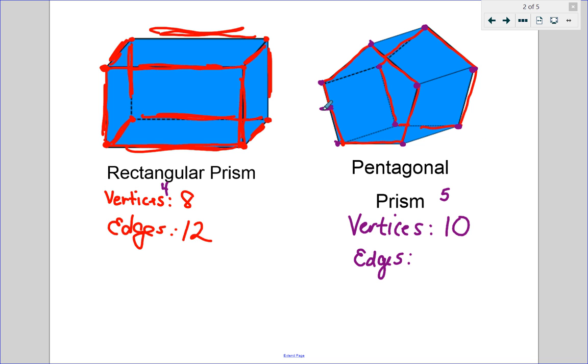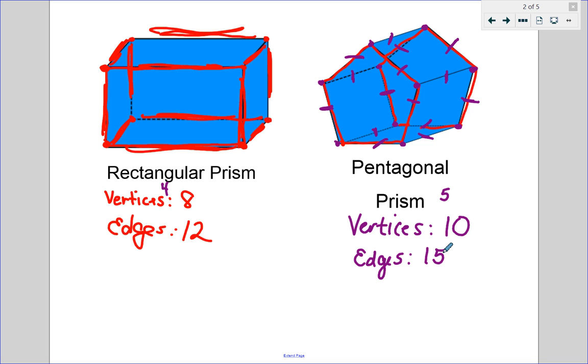So here's an edge. 2, 3, 4, 5, 6, 7, 8, 9, 10, 11, 12, 13, 14, 15. 15 edges. 4 and 12. 5 and 15.